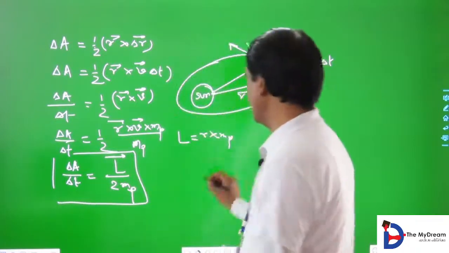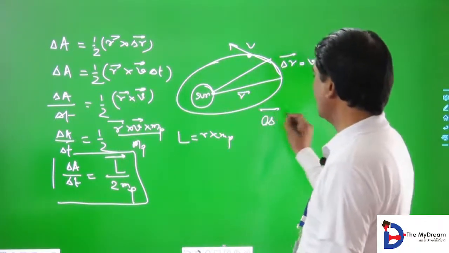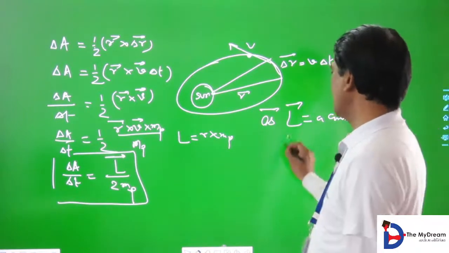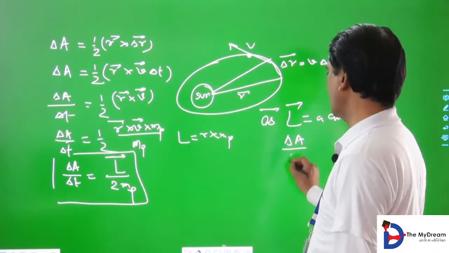As angular momentum is a constant, the areal velocity will become constant.